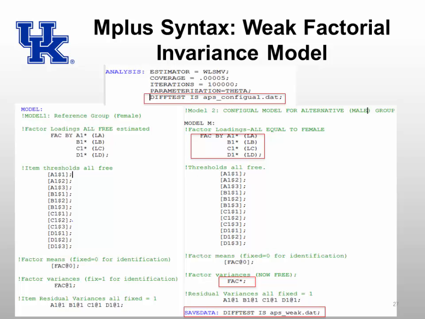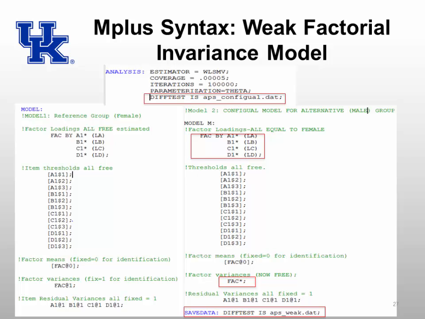For the weak factorial invariance model, in the analysis command, we add one line. DIFFTEST tells Mplus which previous model we are going to compare with. We're comparing with the configural model. At the bottom, under SAVEDATA, we save this new data as weak. So we will compare weak with the configural model.